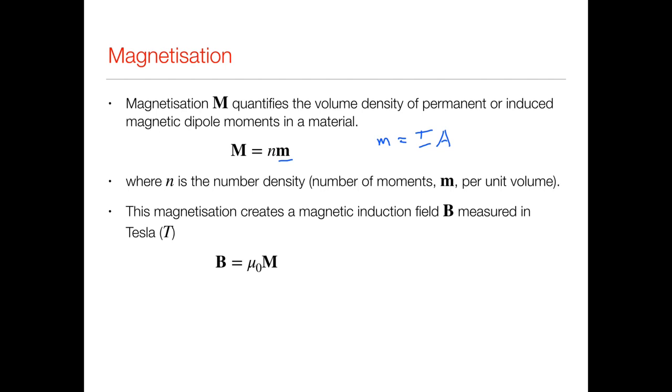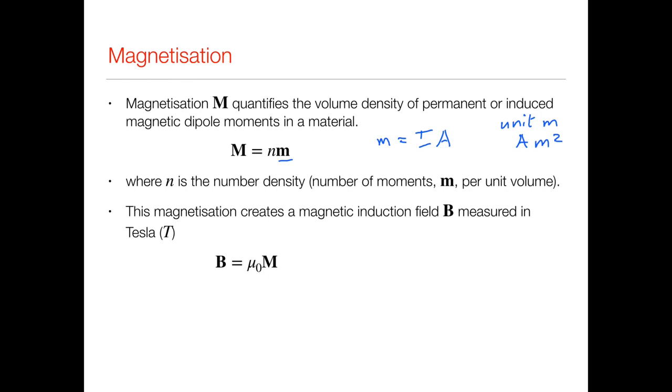So the units of little m would be amps meters squared. Now that's a sort of microscopic quantity.